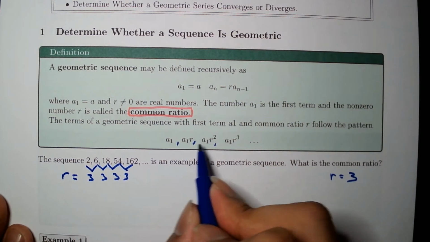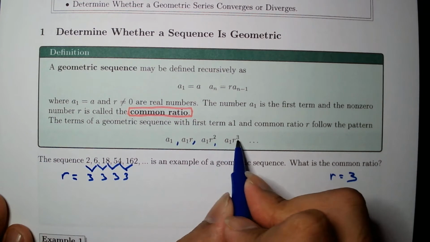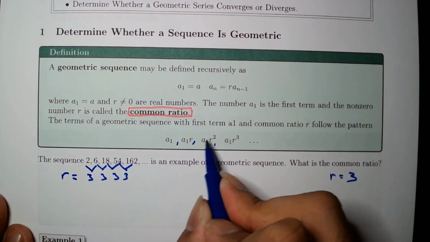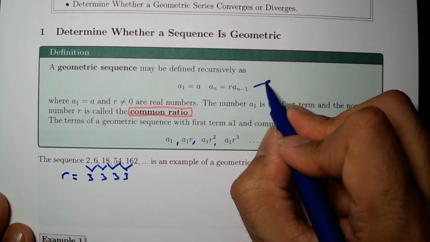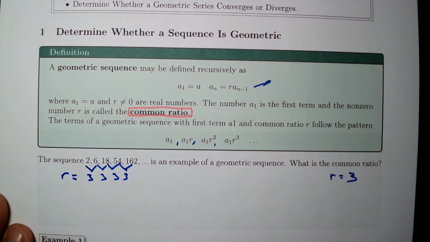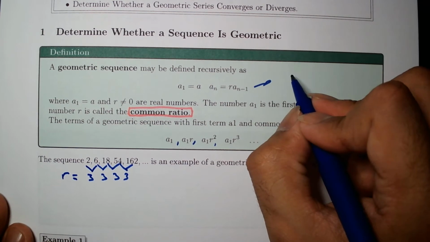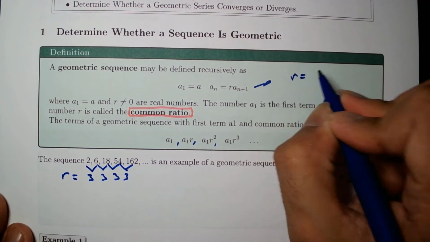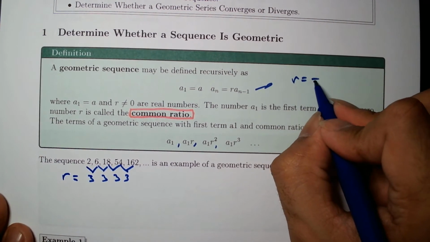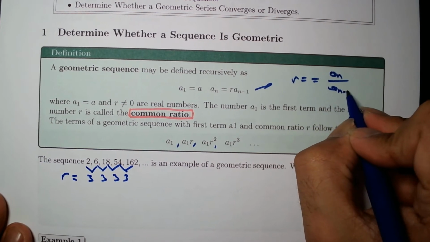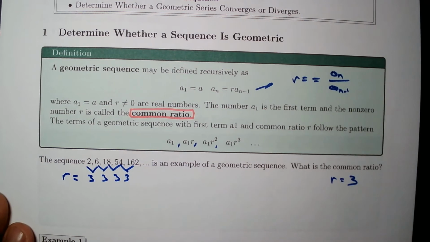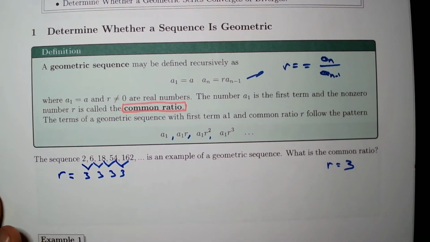We multiply by the ratio r, and then we multiply by the preceding one to get the next term. So to show that a given sequence is geometric, when we divide a sub n over a sub n minus 1, we have to get some r, a constant.